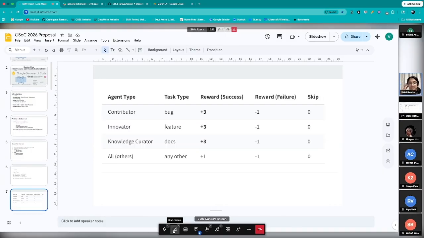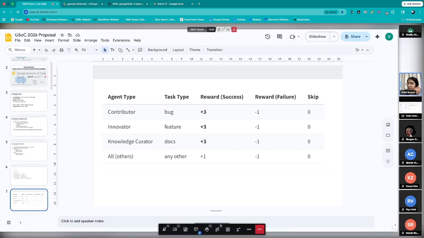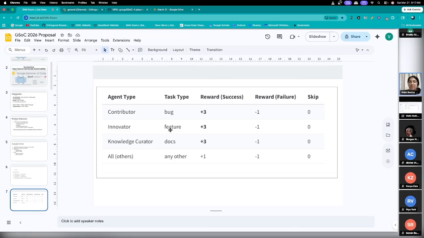Since I use reinforcement learning, and we know that reinforcement learning involves math, majorly reinforcement learning means that there's an agent which acts in an environment, and based on how it has performed an action, it gets a reward, which can be positive or negative, and based on the reward, it takes further actions. As I mentioned earlier, contributors do the bugs, innovators do the features, knowledge curators do the docs.